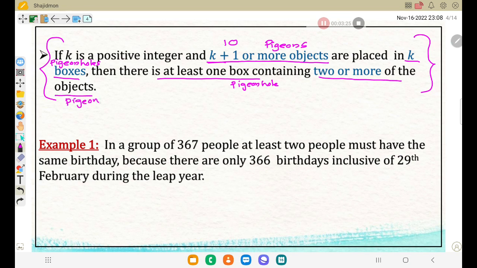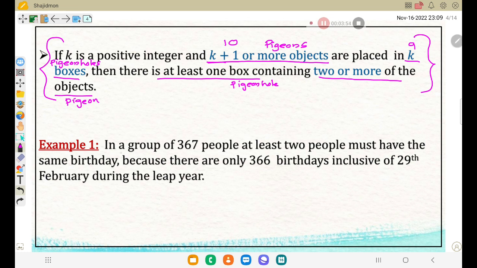So the previous example can be read generally like this: if k plus 1 pigeons, that means 10 pigeons, are placed in k boxes, that means 9 boxes, then there is at least one box containing 2 or more objects. Whenever there are more pigeons, one of the pigeonholes should have 2 or more pigeons. Now let me see another example.